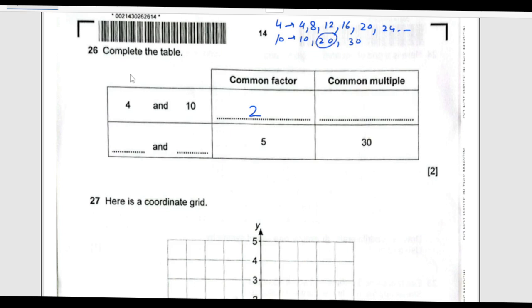So, common is here 20. So, that is 20. Now, same here, if you see, we can have 5 and 10 as the common factor, and 30 is also coming in 5 and 10. So, we can write here 5 and 10.